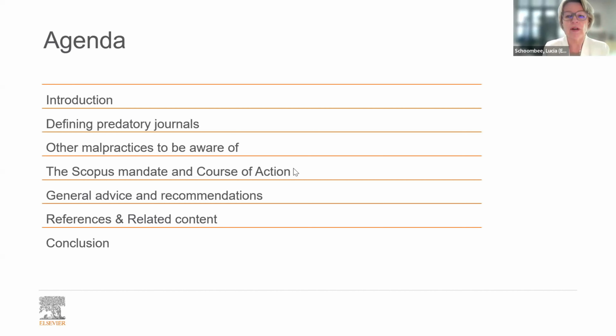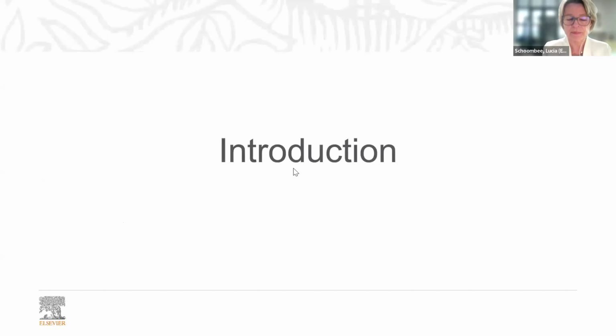And then we'll talk about what Scopus does, what the Scopus mandate is and how we try to combat predatory journals. And then we'll talk about some general advice and recommendations for you to follow. I'm not going to discuss that specifically, but through these slides we'll also share the references and some related content.